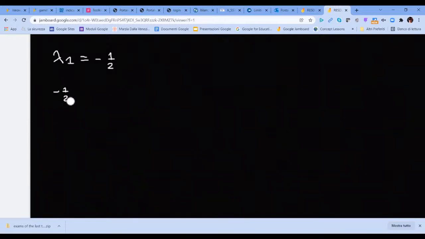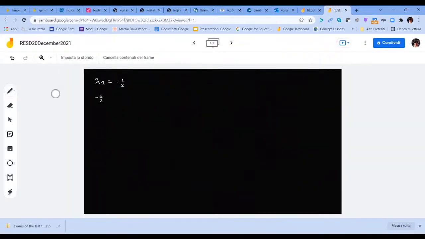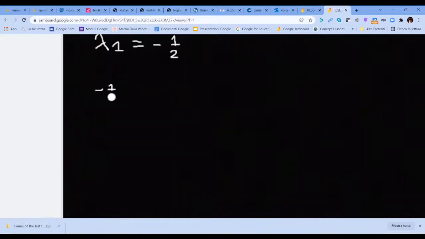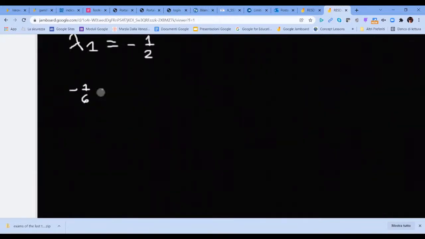so it is minus 1/6 plus lambda 1, minus 1/6, then minus 1/2. Okay, and then we had the 1 and 1/3 in this place.